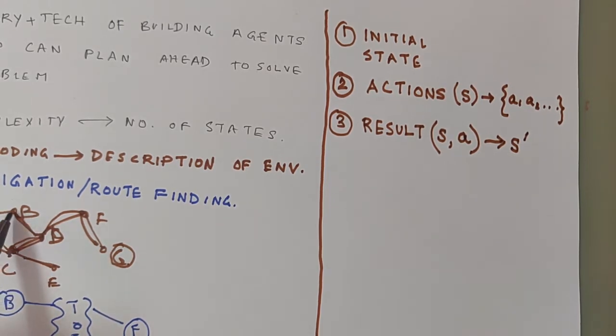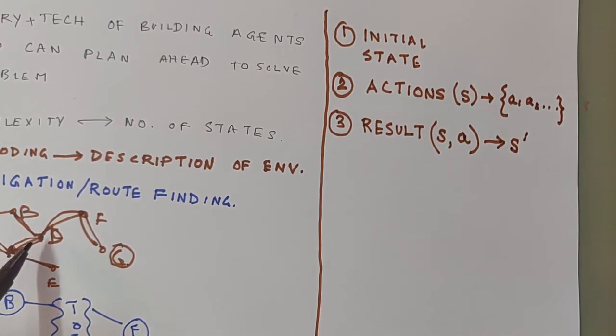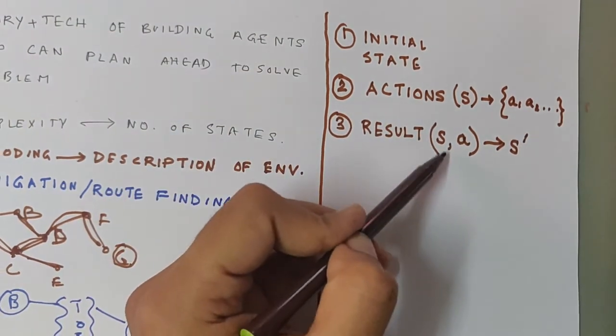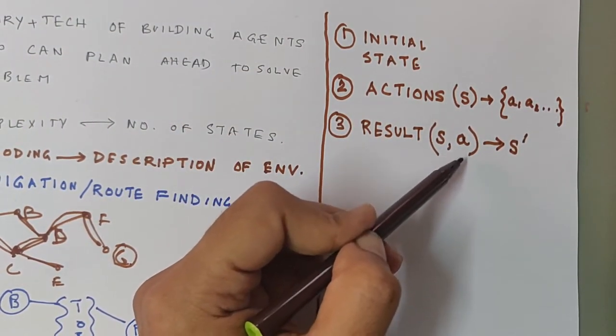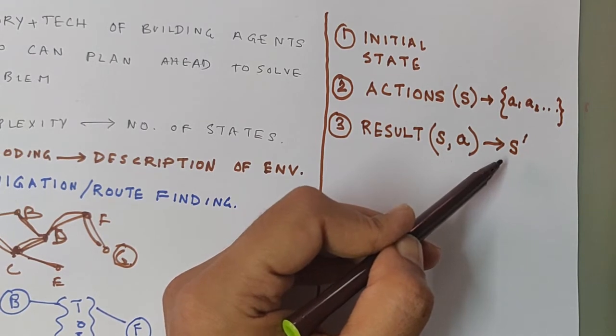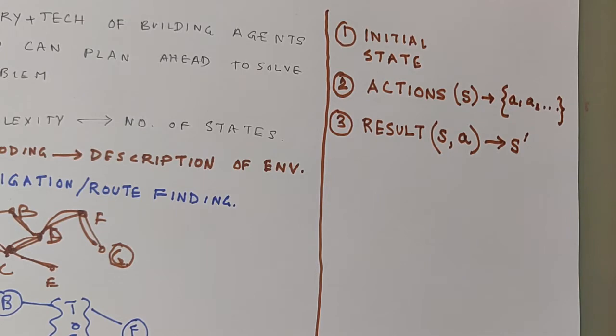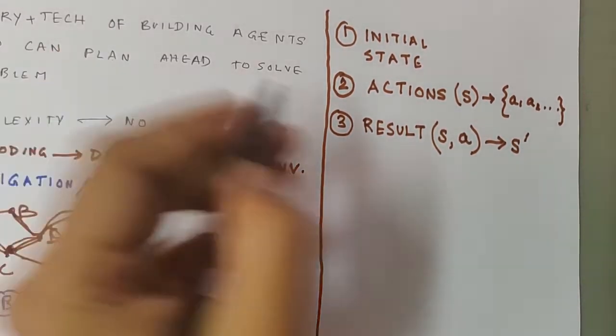If from the state B I take the action move to D, my new state as a result of that action will be D. So result of B comma move to D will be D. The result is a function which takes the current state and current action to give me the new state.